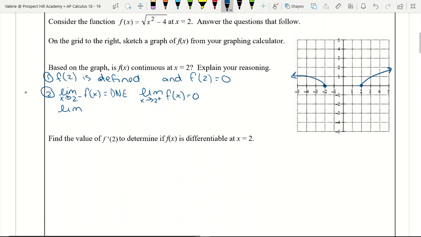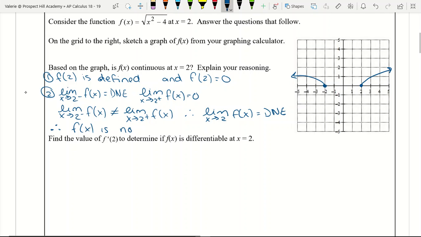So the limit from the left does not equal the limit from the right. Therefore, the limit as x approaches 2 of f of x does not exist. And if the limit doesn't exist, then f of x is not continuous at x equals 2.